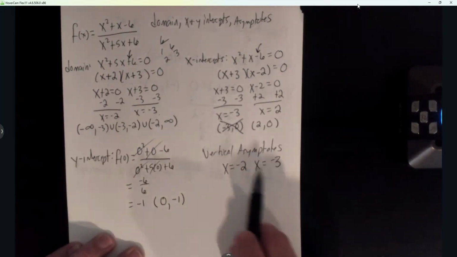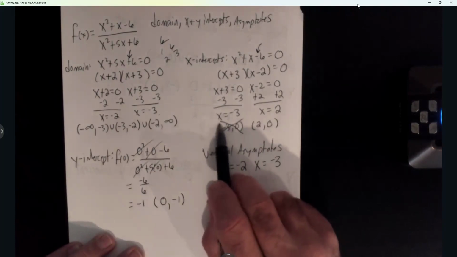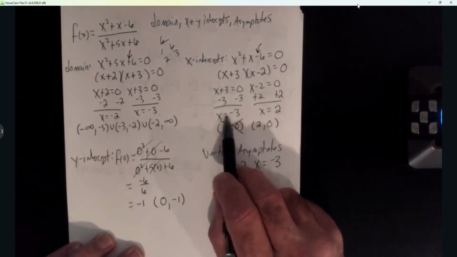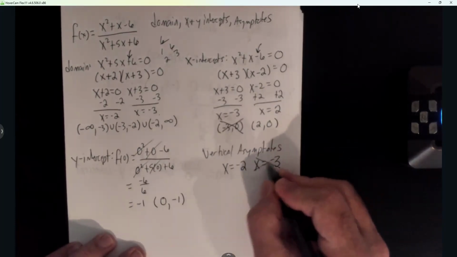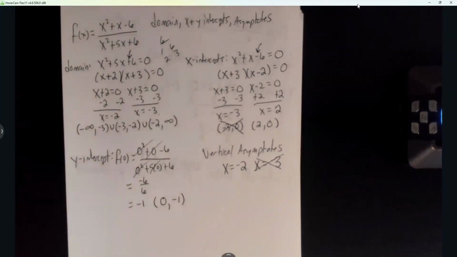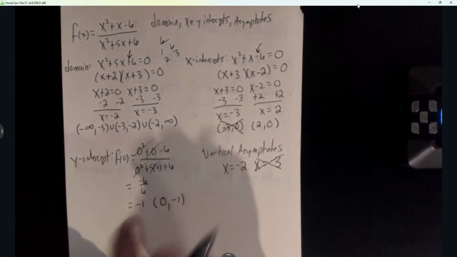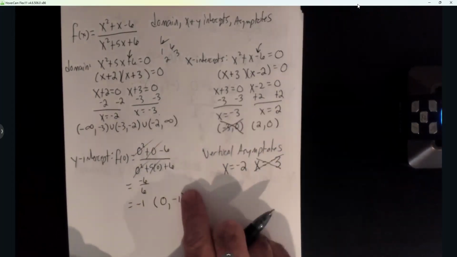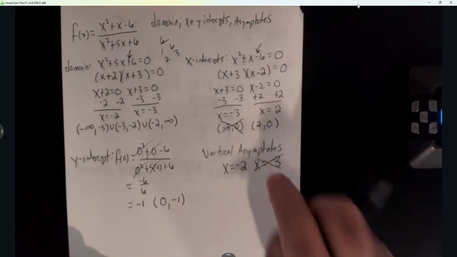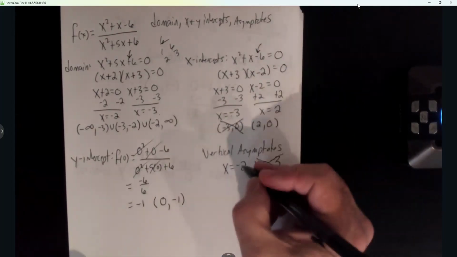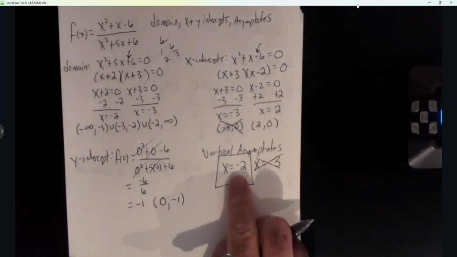We said if we got an x-intercept that matches a vertical asymptote, it cancels out the vertical asymptote. So at negative 3, it's just going to put a hole in the graph, okay? So on this problem, you will have one cancel. That negative 3 from the x-intercept cancels that vertical asymptote. So the only vertical asymptote we'll have is x equals negative 2.